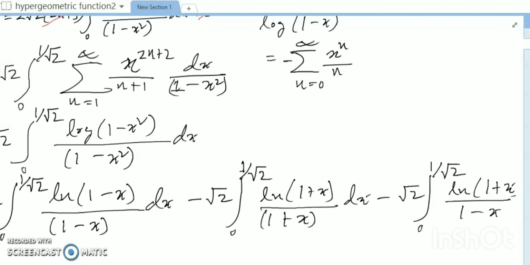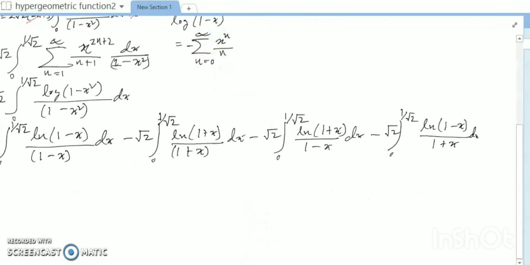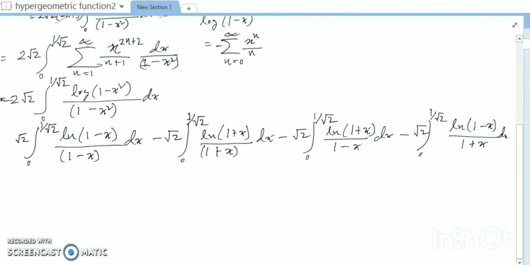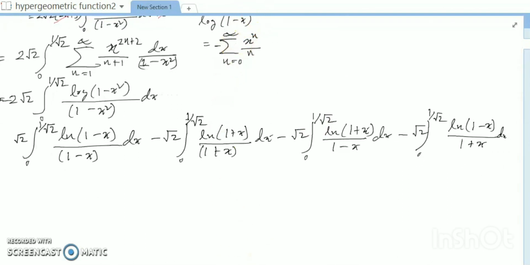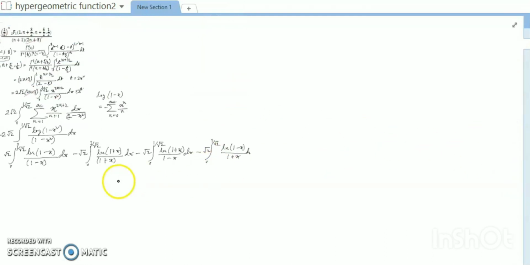Now it is clear. I hope this portion is broken down into four parts.